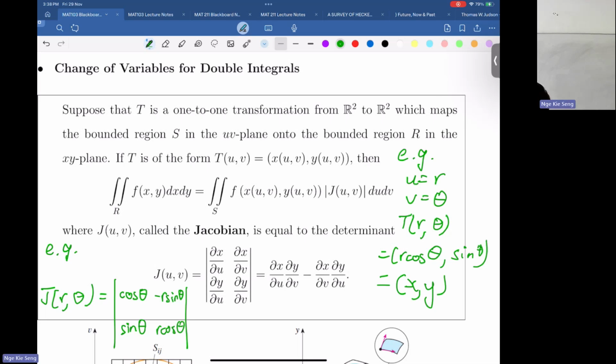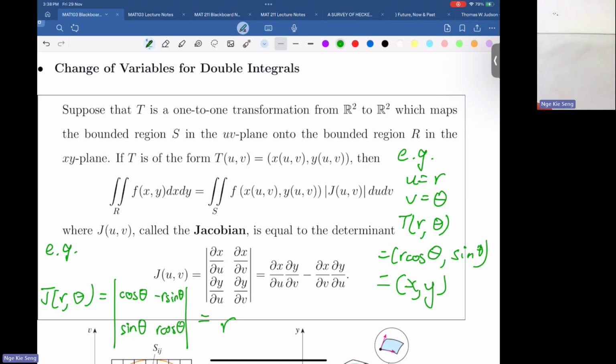If you compute this, do you get r? So this is how you get your r in the polar coordinate integration. Everyone get r? Okay.